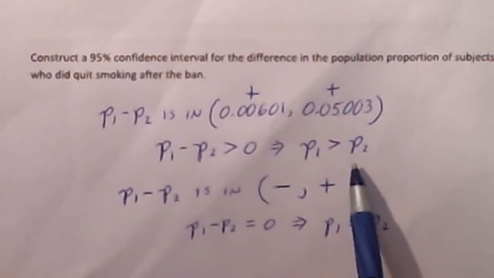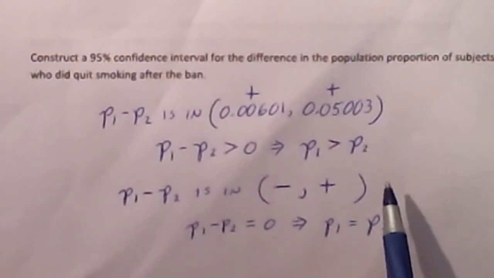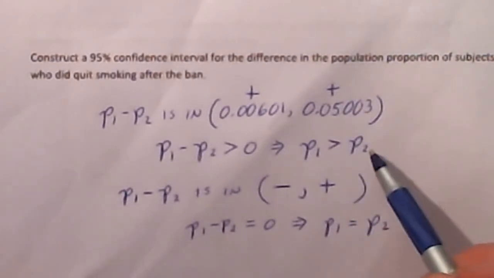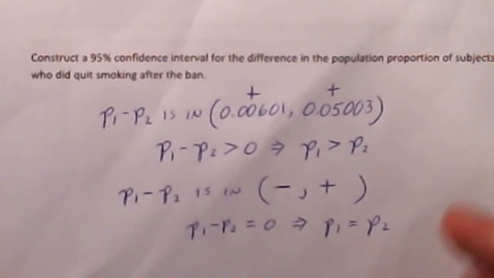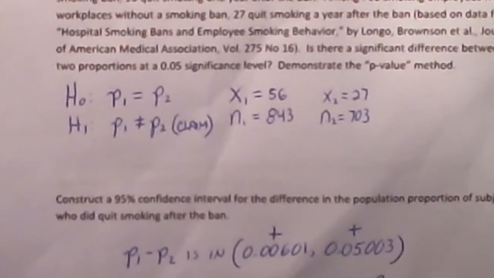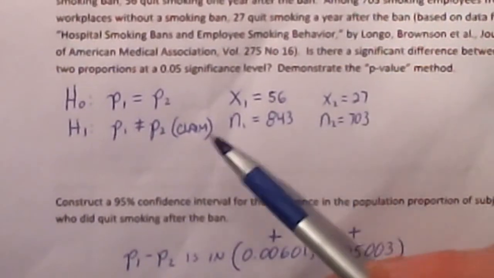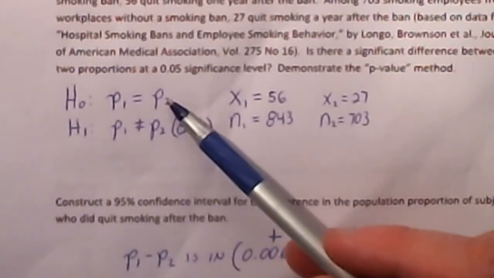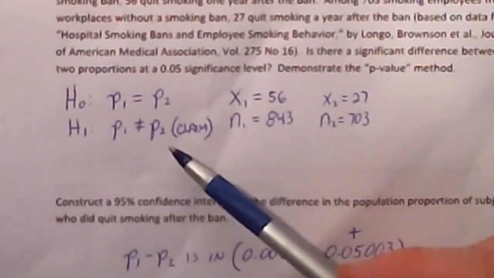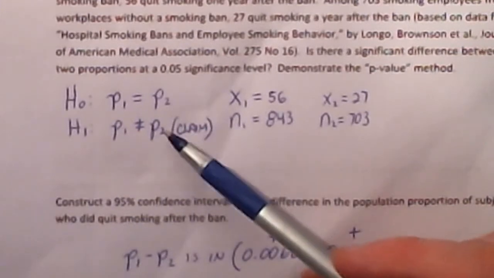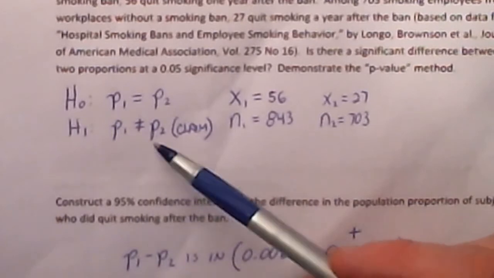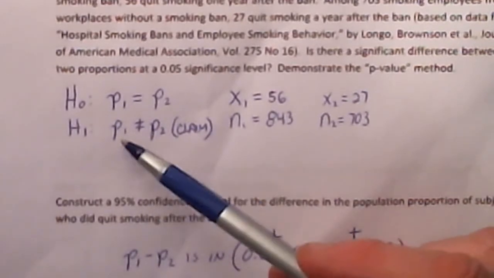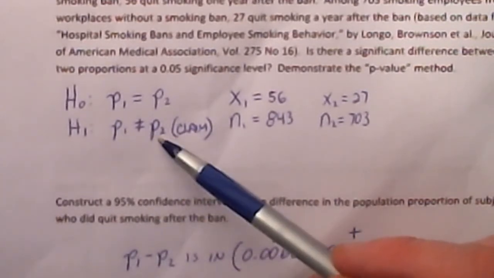So the nice thing about confidence intervals is they give us a more pointed idea as to which proportion is superior versus inferior, whereas this hypothesis test up here was just a non-directional test and just indicating whether the proportions are equal to each other or not equal to each other. There's no way from the hypothesis test you can gather, just by saying that the population proportions are not equal to each other, which one is greater or which one is smaller.